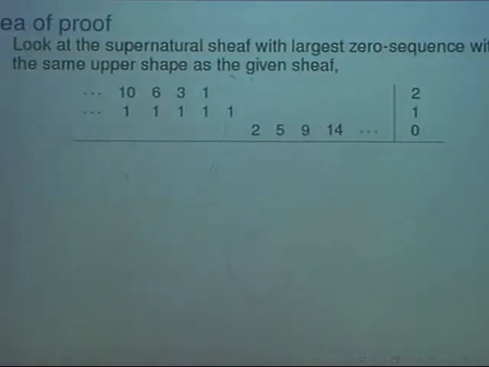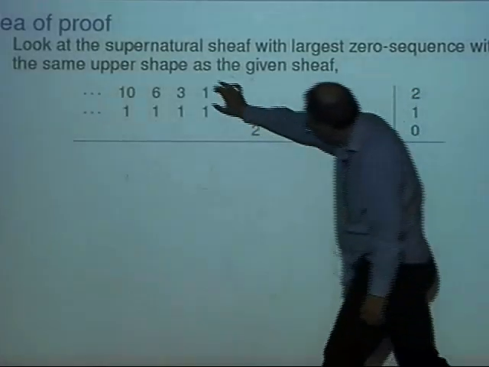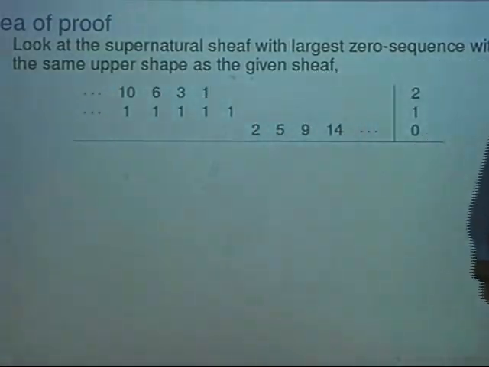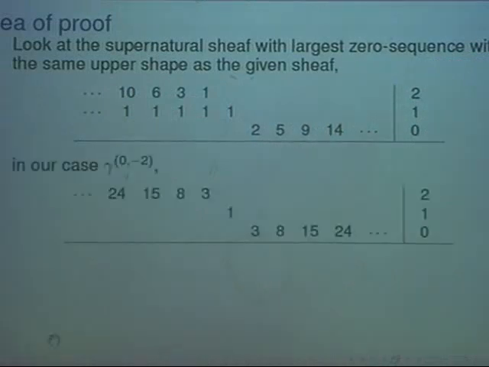So let's try to prove this. We look at a supernatural sheaf which is the largest root sequence with the same upper shape as a given sequence. The upper shape, I guess, is sort of this piece here. That's this gamma_{0,-2}, and its cohomology is that.